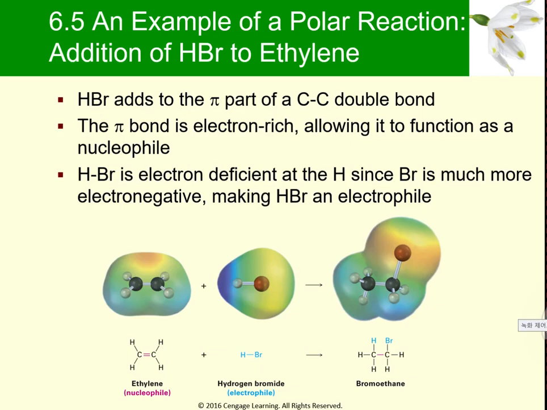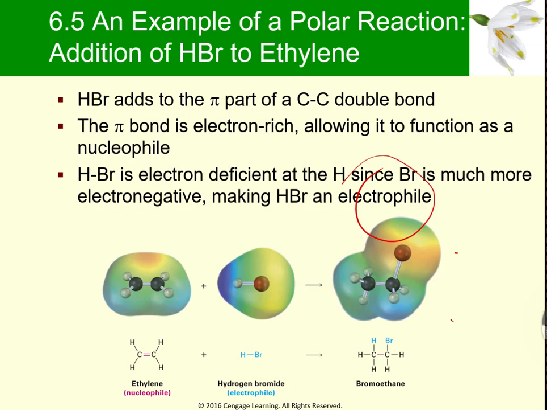Let's take a real example of a polar reaction. The easiest example of a polar reaction is an addition of HBr to ethylene. Let's try to look at the structure of ethylene and HBr.